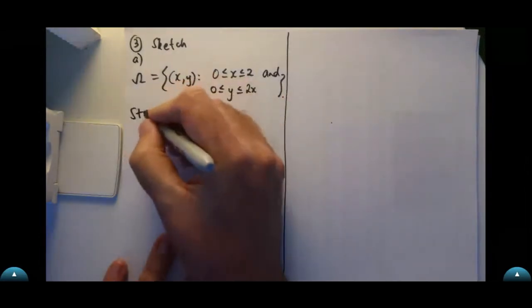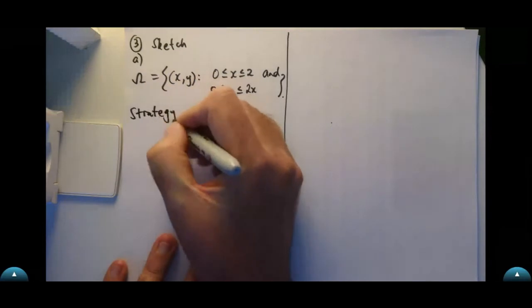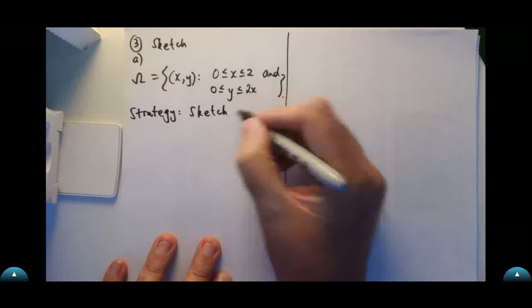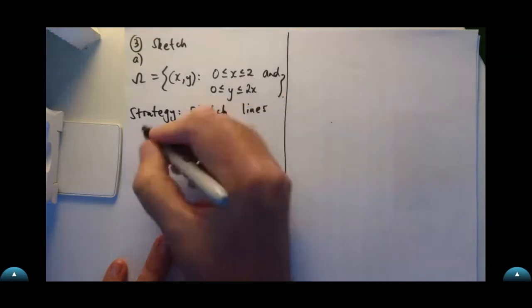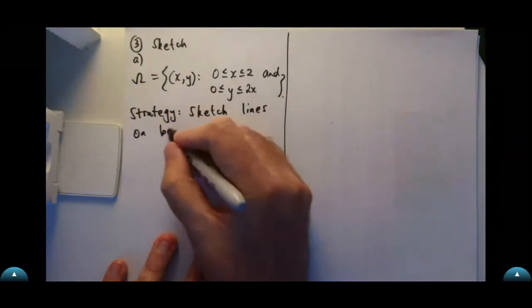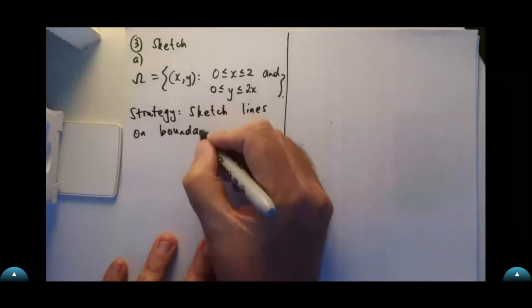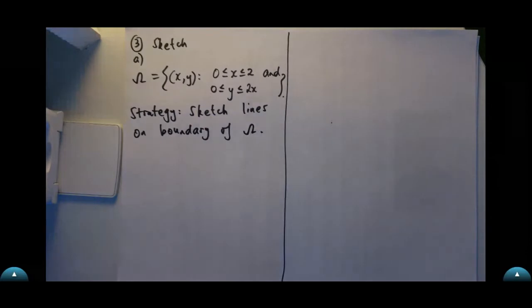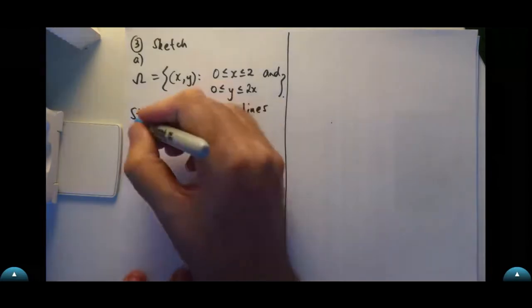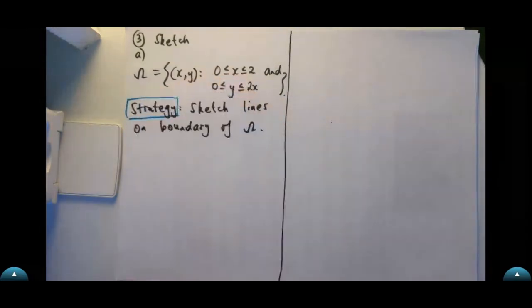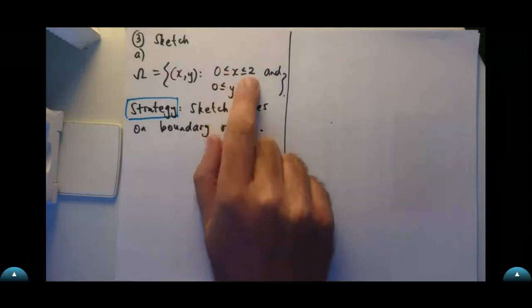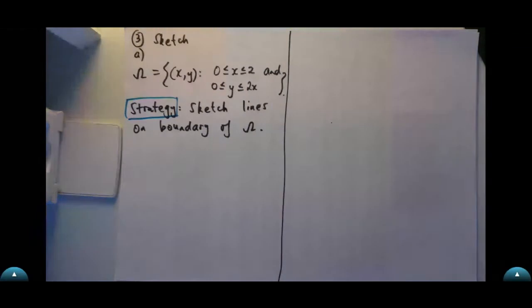So we've got x equals 0, x equals 2, y equals 0, and y equals 2x.